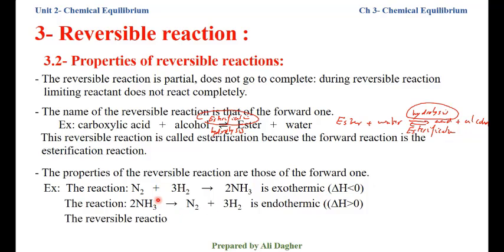These two reactions can be represented by the same equation, N2 plus 3H2 give 2NH3. This is a reversible reaction. This reaction is considered as exothermic because the forward one is exothermic. Then the characteristics of the reaction are the same as the forward reaction.